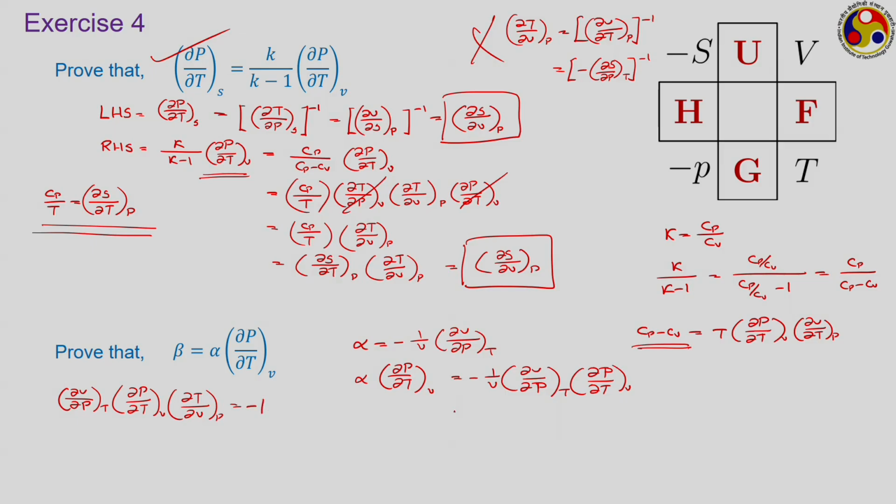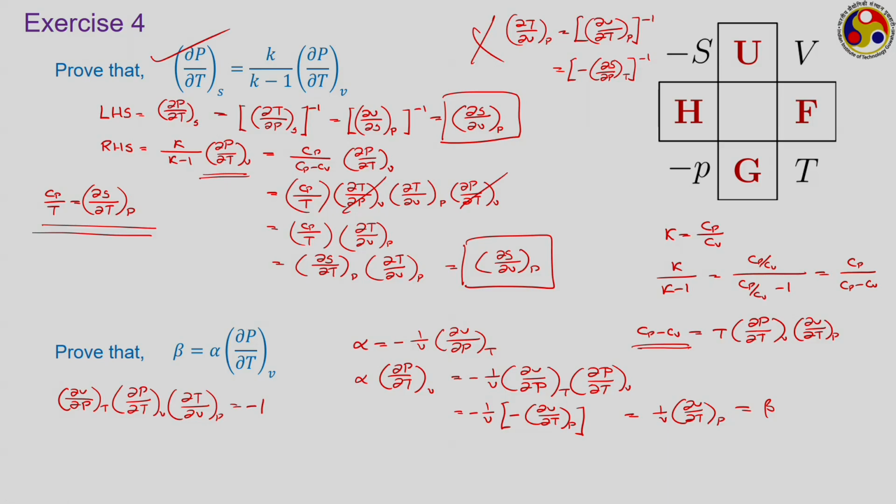So, if we put it here, we have minus 1 upon V, and this becomes, using reciprocity, minus of dou V dou T at P, that is 1 upon V dou V dou T at P, which is nothing but beta.